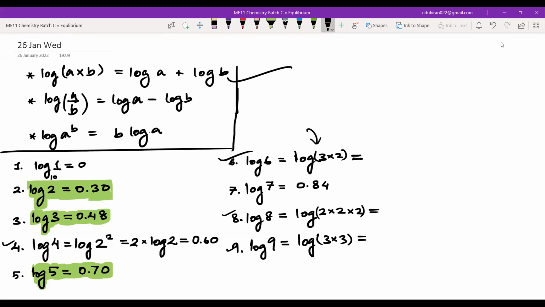How will you expand this? Log 3 into 2 will be equal to log 3 plus log 2, na? Zainab? So log 3 is equal to how much? 0.48 plus 0.3, since log 2 is equal to 0.3. This will be equal to 0.78. Right, guys? Yes, sir.